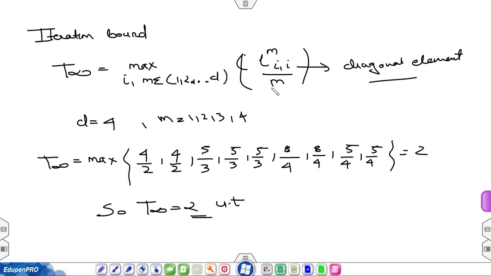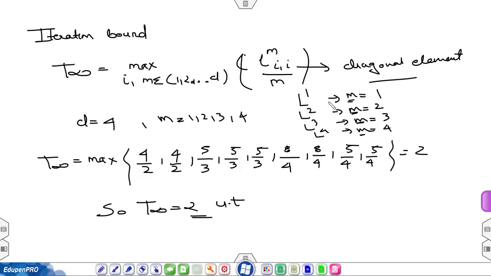So for L1 m will be 1. For L2 m will be 2. For L3 m will be 3 and for L4 m will be 4. Divide their diagonal elements by the respective values of m.